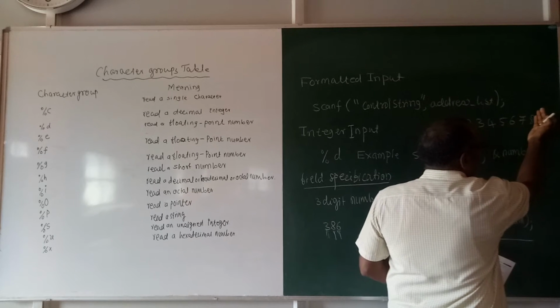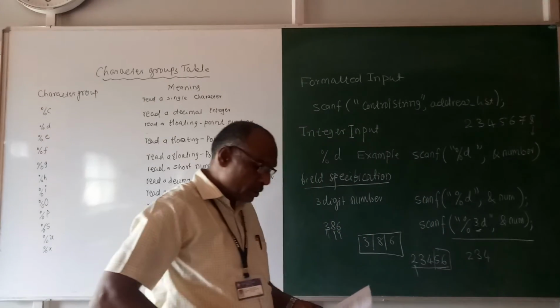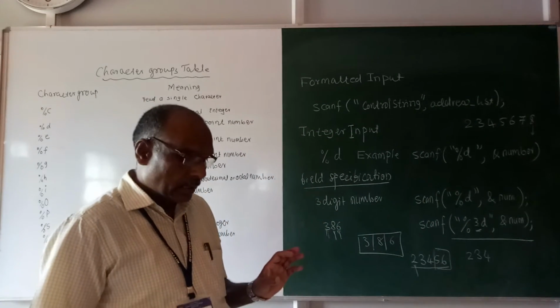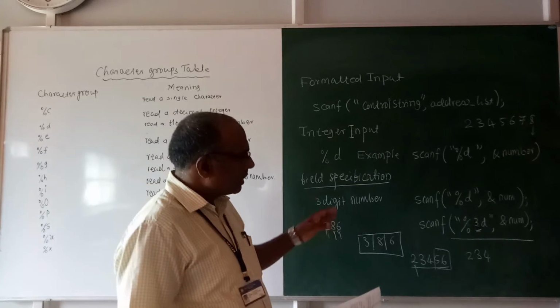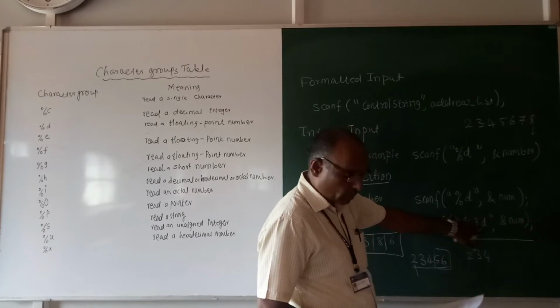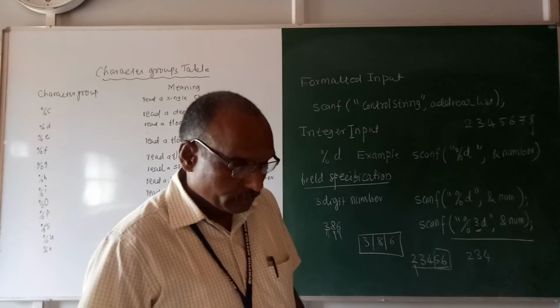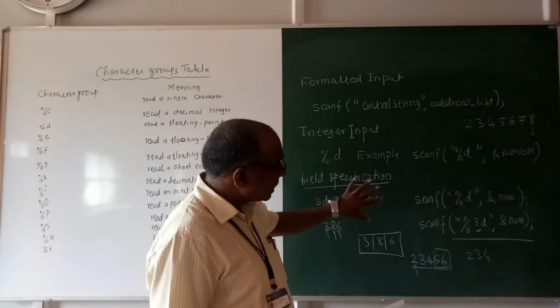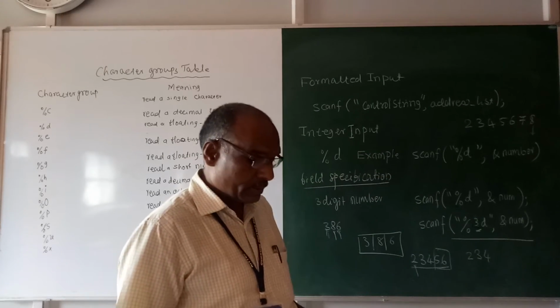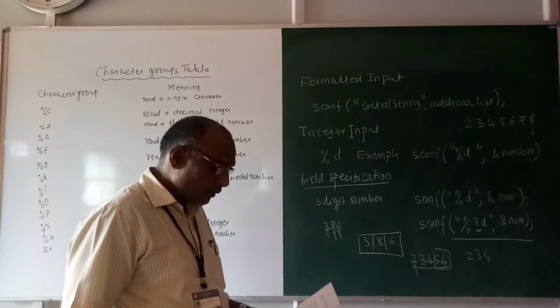It is justified from this side, unless we give a proper specification here. So digits are justified from the right in a formatted input.